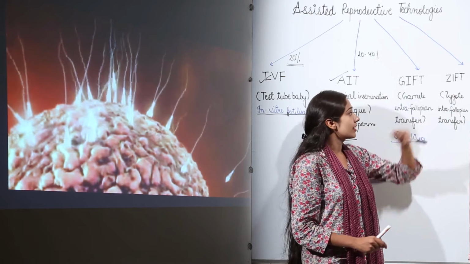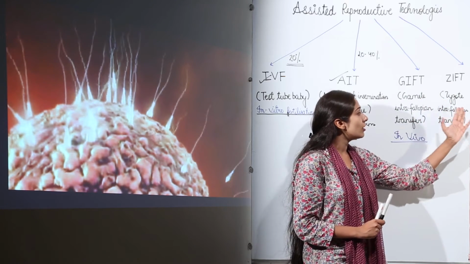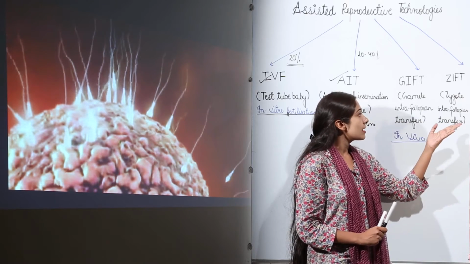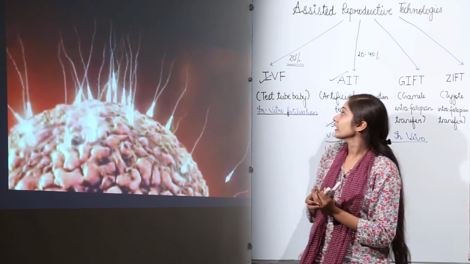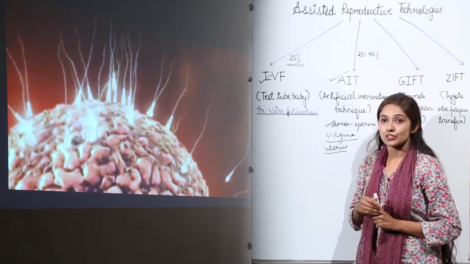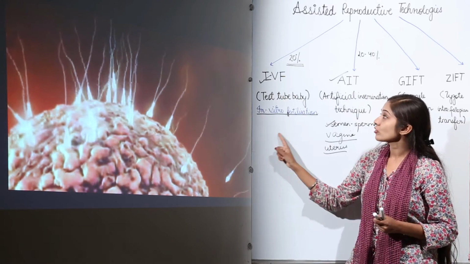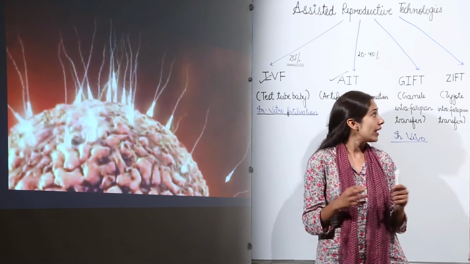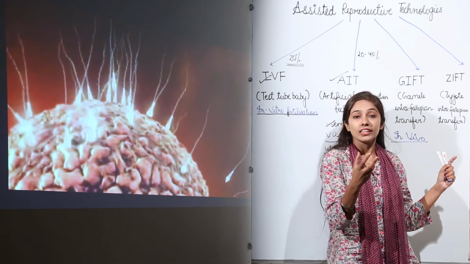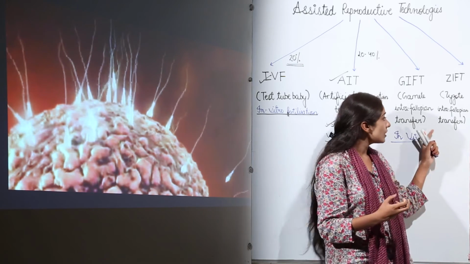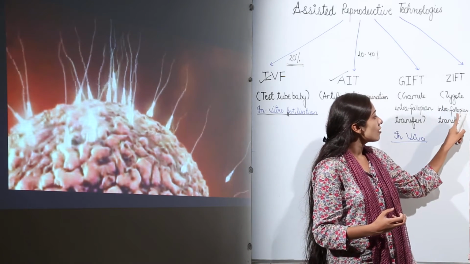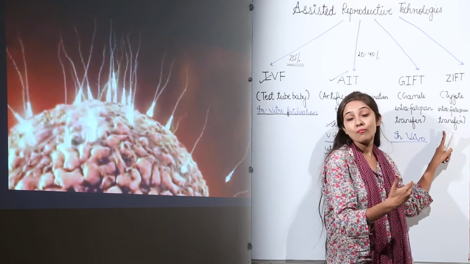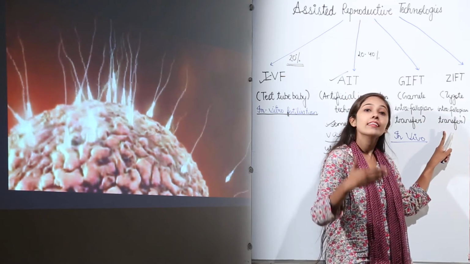Then we have ZIFT. ZIFT is zygote intrafallopian transfer. Now zygote intrafallopian transfer is actually a part of in vitro fertilization. As we have discussed in case of test tube babies, fertilization takes place outside the body, and when the zygote is formed, that zygote is transferred into the fallopian tubes, where the zygote is again going to form the embryo, then fetus, and then the child.